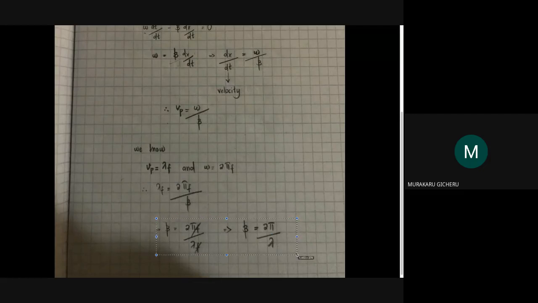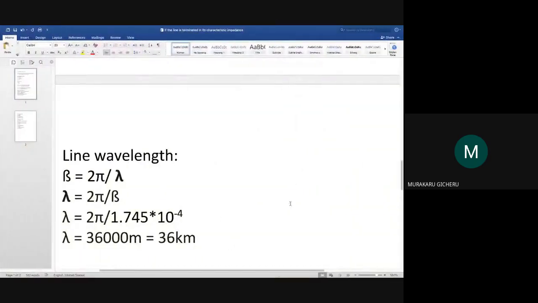Making beta the subject of the equation, beta is equal to 2 pi over lambda. That's where that equation comes from. So you make lambda the subject, and you get lambda is equal to 2 pi over beta.